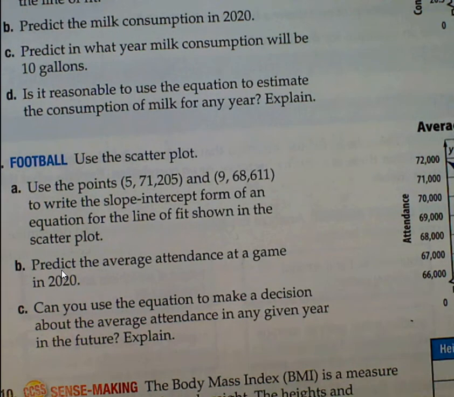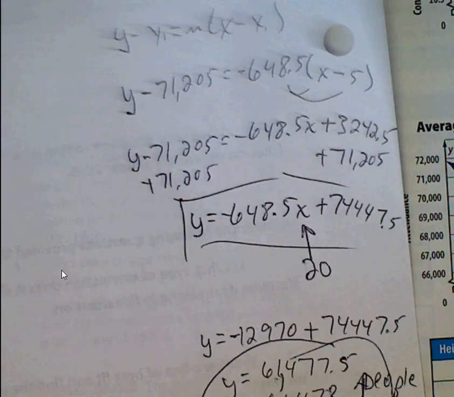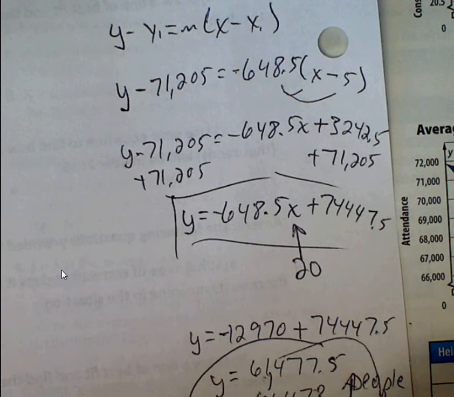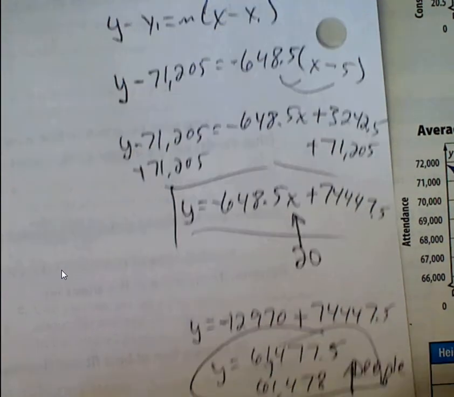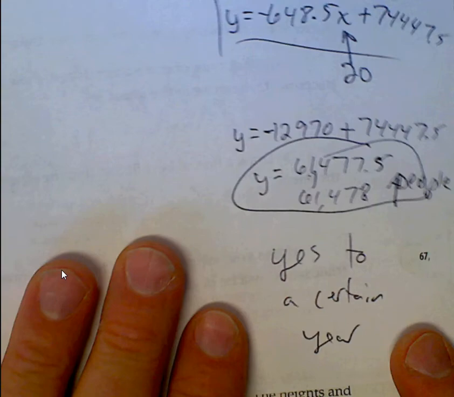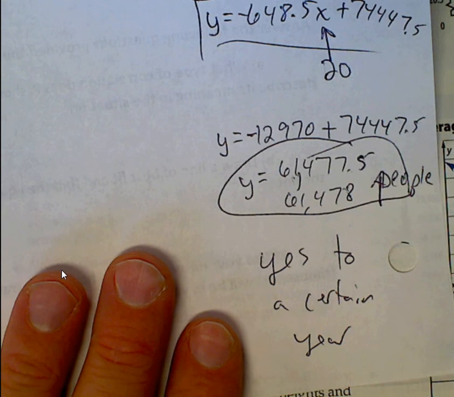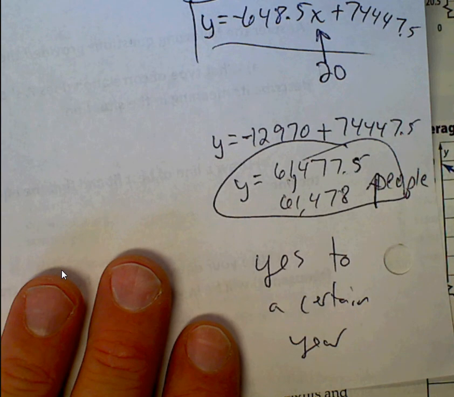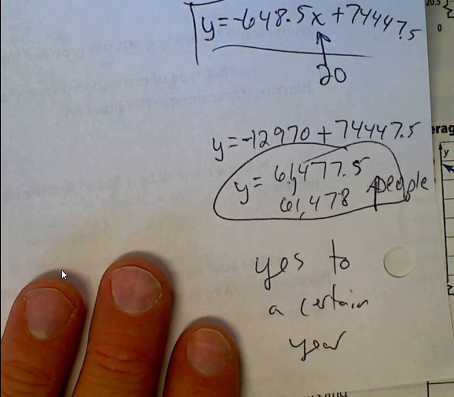Actually, yes and no. Yes to a certain year, but no, because at some point it's going to be negative, and there is no way that I can have negative people. So I'm sure the book would say no.